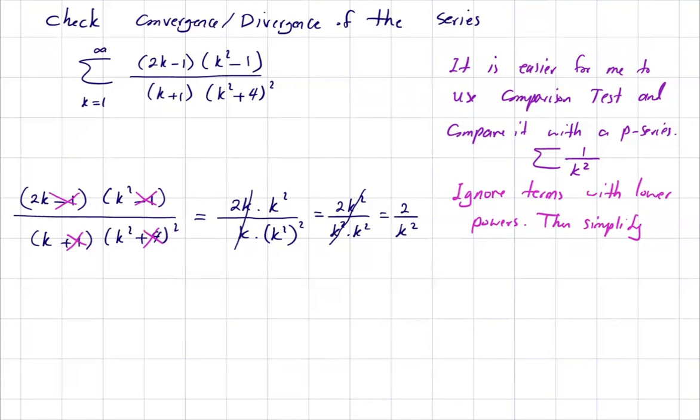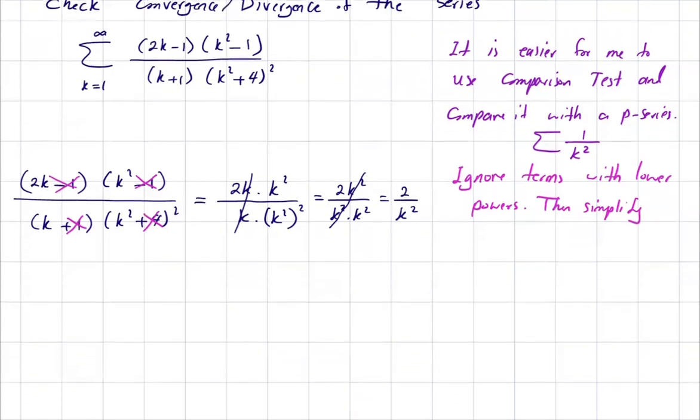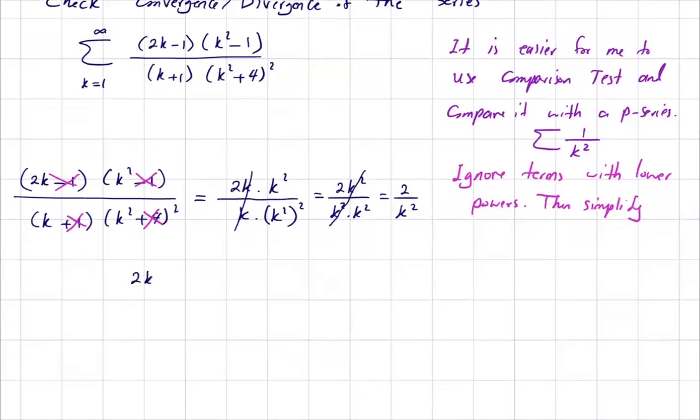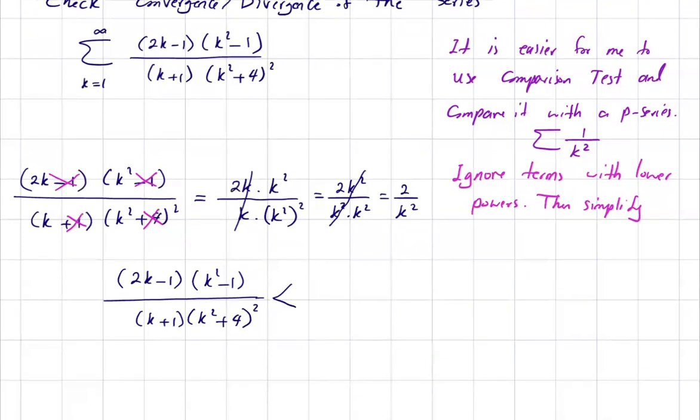So let's see what's happening here. 2k minus 1 times k squared minus 1 divided by k plus 1 times k squared plus 4 to power 2 is less than 2k times k squared divided by k times k squared to power 2, that you just showed is equal to 2 divided by k squared.